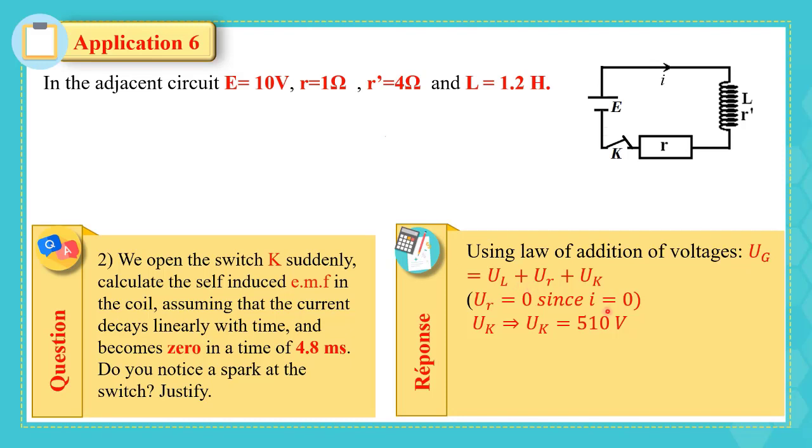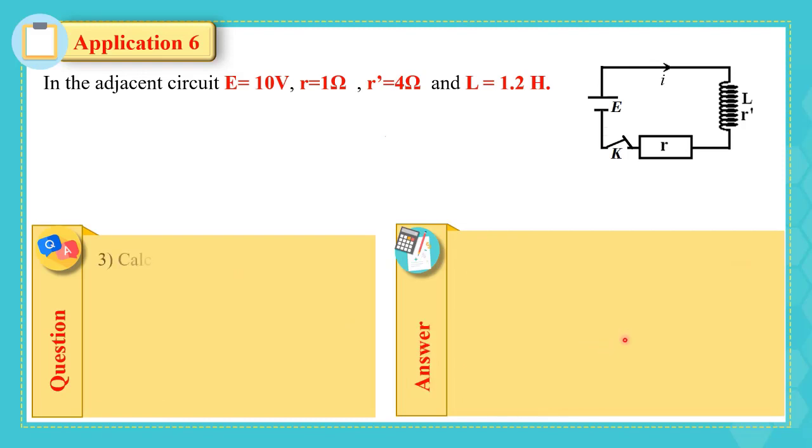So UG minus U coil equals 10 plus 500, since U coil equals minus 500, which is equal to minus E, so it will be equal to 510. So this voltage is considered high, and so it produces a spark across the terminals of the switch.